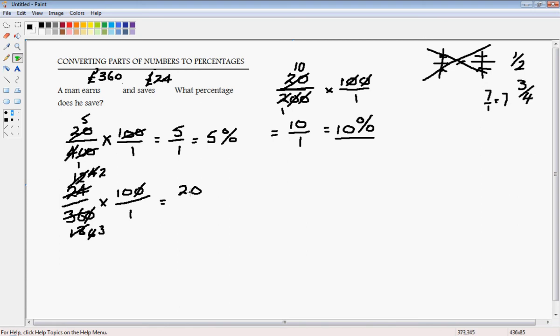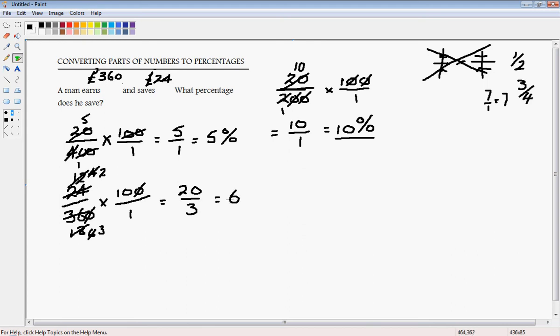So 2 times 10 is 20. 3 times 1 is 3. Now if you remember when we were dealing with cancelling fractions, this is what we call the top heavy fraction, or an improper fraction. So I know that this number is much greater than this, so this must be bigger than 1. Okay, so I just divide 3 into 20.